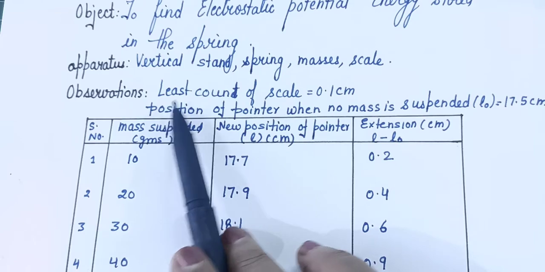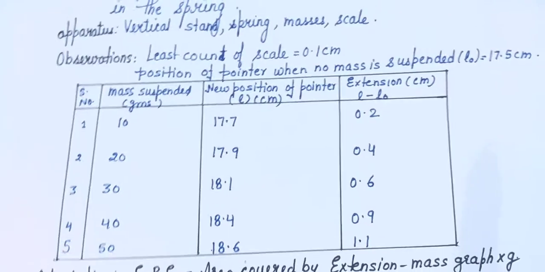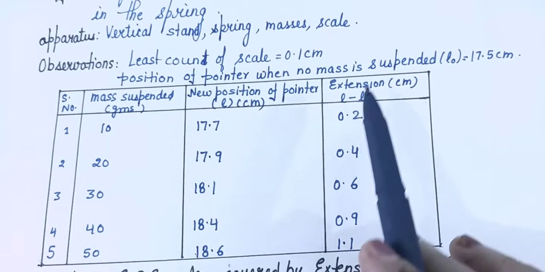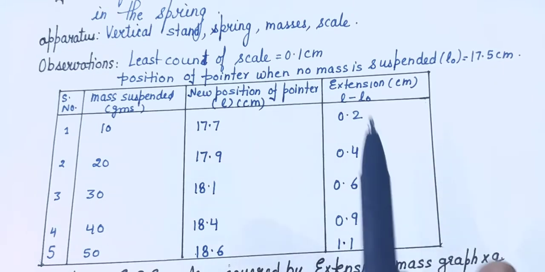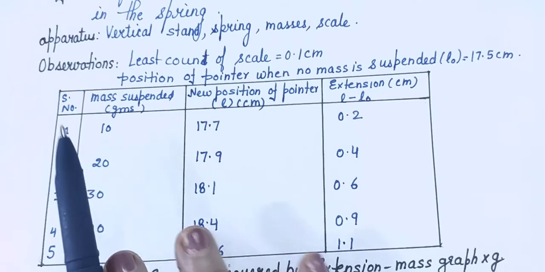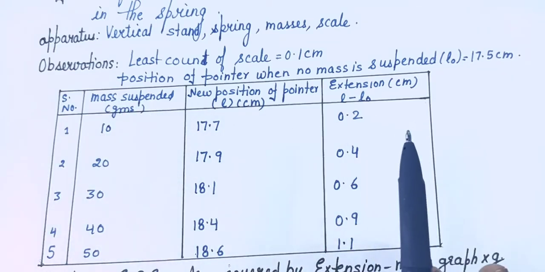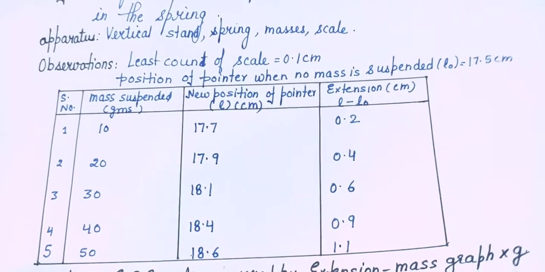We had the mass suspended and the extension, and then we plotted extension on the y-axis and mass suspended on the x-axis, and we got a straight line graph like this.